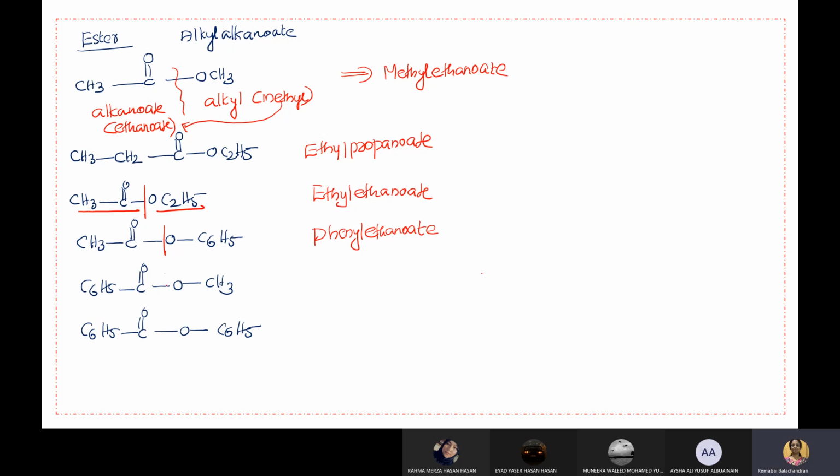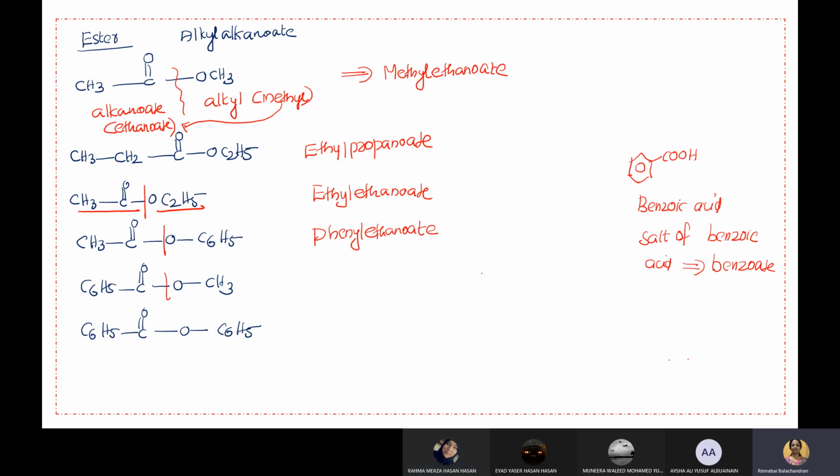Okay, then. This is methyl something. Dear students, tell me the name of this compound, what I wrote there. Benzoic acid, okay? So can you tell me what the salt of benzoic acid will be? Benzyl? No dear, benzoate. Okay.